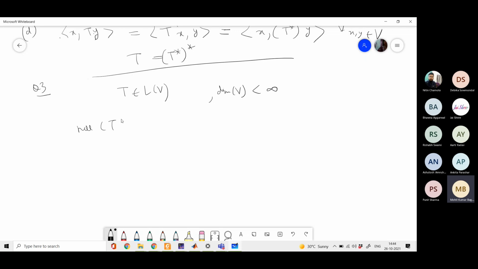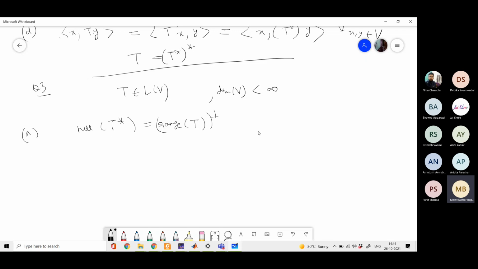So how to do this part A? Any idea? Just use the definition.